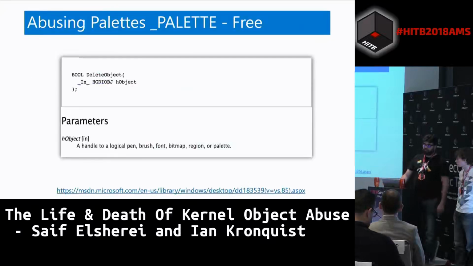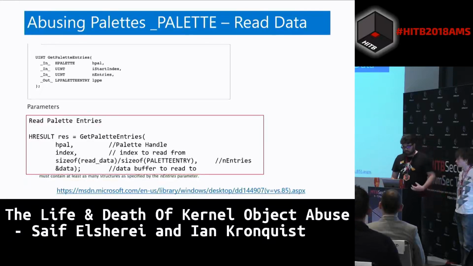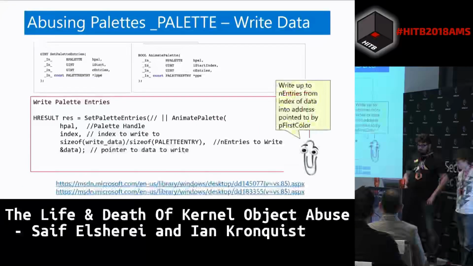You can also free palettes using DeleteObject. You can read data from a palette using the GetPaletteEntries function, and that will read up to n entries starting from a specific index from the data that is pointed to by the address of pFirstColor. And we can write data.